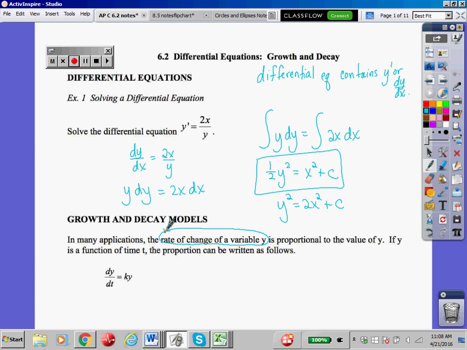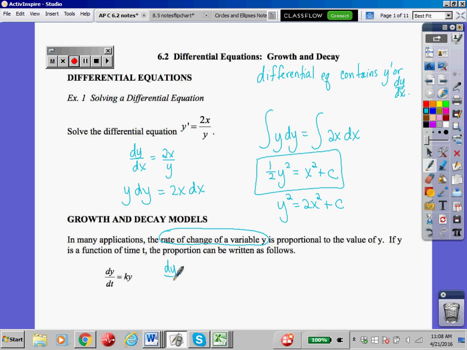You remember direct variation was y equals ax or y equals kx in algebra 2 or advanced math. Okay, so if it says you have a rate of change and it's proportional to something else, you're going to have it set up like this. dy dt equals k times y. Now watch this.